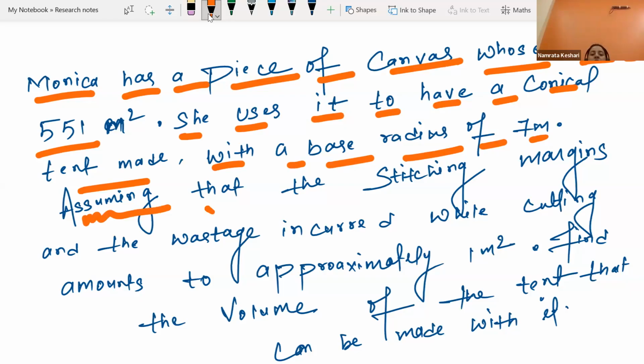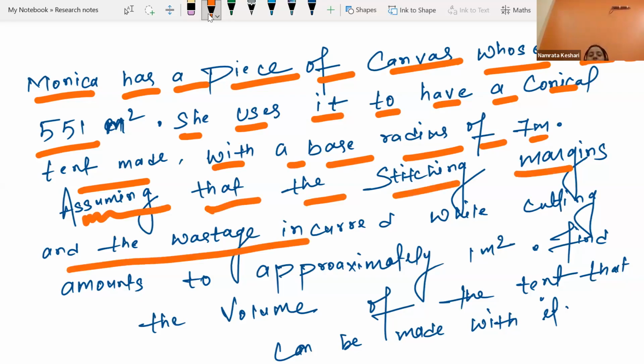Assuming that the stitching margin and the wastage incurred while cutting amount to approximately 1 meter square.